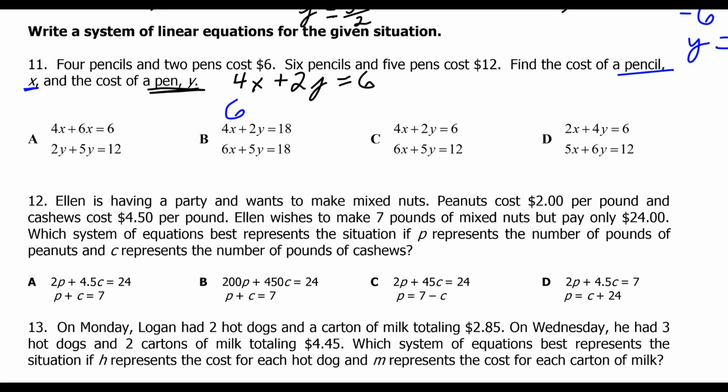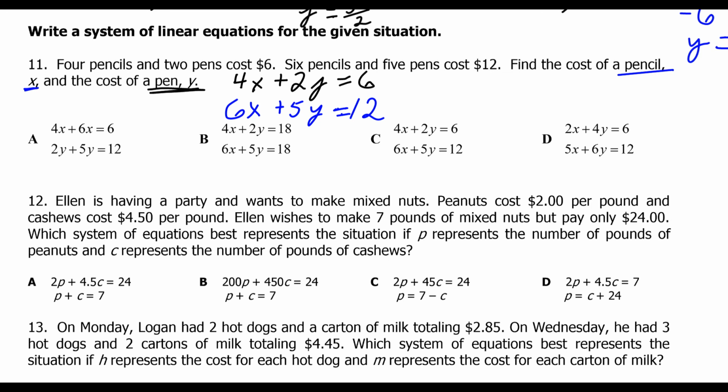Alright, and that's not too bad. Now we have to see if any of these systems match what we're doing. Let's see. We've got 4x and 6x. That doesn't work, so that one has to go away. That one doesn't work either. Okay, 4x plus 2y equals 18.